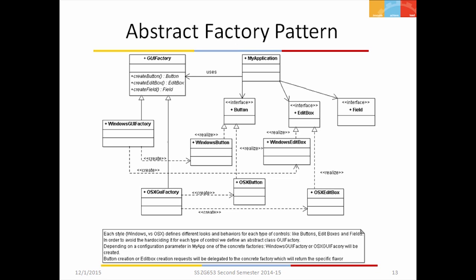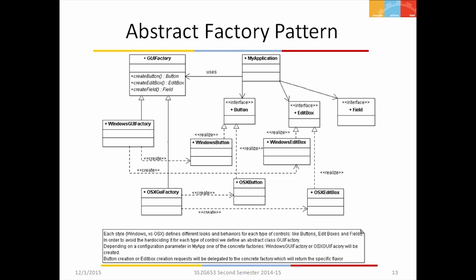So each style, Windows versus Mac OS, basically defines different look and behavior for each type of control, like buttons, edit boxes, or fields. So the look and feel or the behavior of these buttons would be different if you shift from Windows to OS X. Now, where do you put this logic of different look and feel plus different behavior?